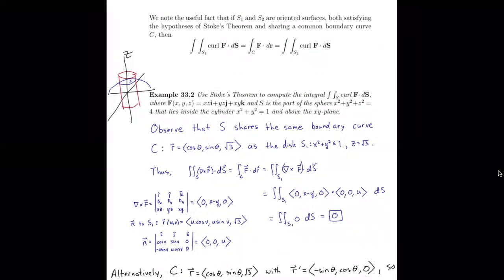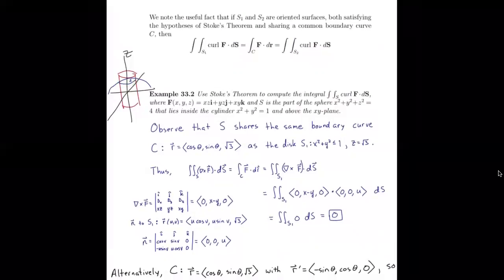However, if we think about the boundary of this surface, it is given by C, where C is equal to this vector function r equals cosine theta, sine theta, root 3. How did we get root 3?